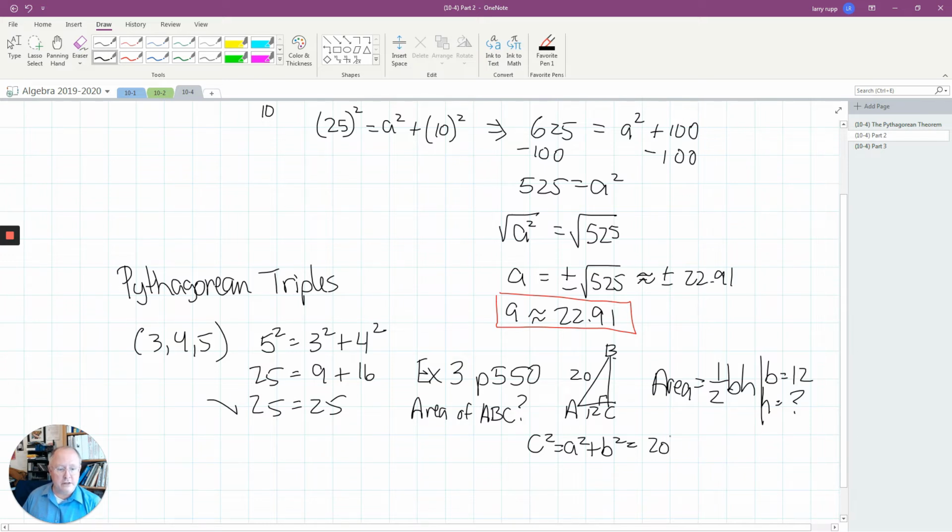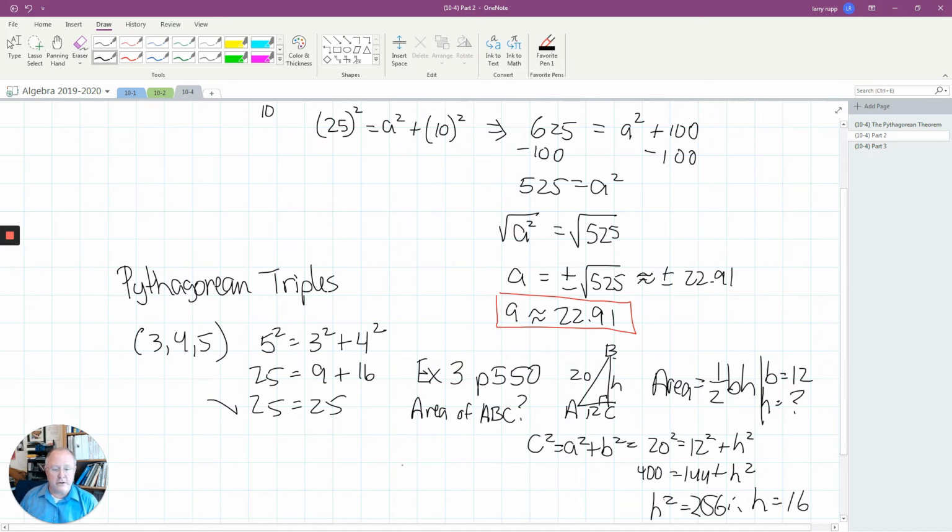So we have 20 squared is equal to 12 squared plus h squared, because we're going to let this be h, the vertical height. So we have 400 is equal to 144 plus h squared. h squared is equal to 256. Therefore, h is equal to positive 16. I'm leaving off the plus or minus right now because I'm running out of room.